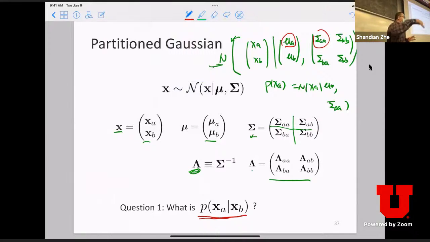What is the conditional distribution of XA given XB? Of course, this is a Gaussian. The problem is how do you determine the parameters of this conditional Gaussian?